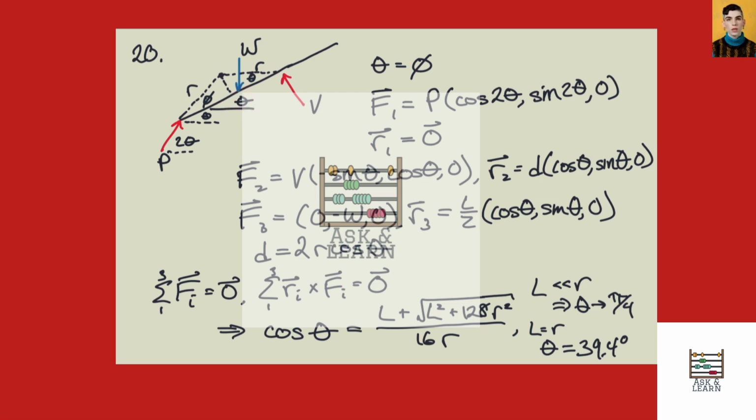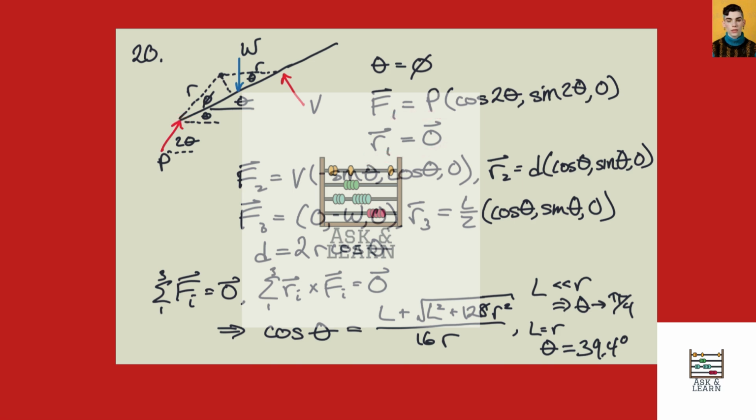And so the first force here is P, with a magnitude of P, and the direction, again, you can convince yourself that this angle here is 2 theta. It's along this axis, so this is 1 theta and 2 theta. And I'm going to use this as my origin.